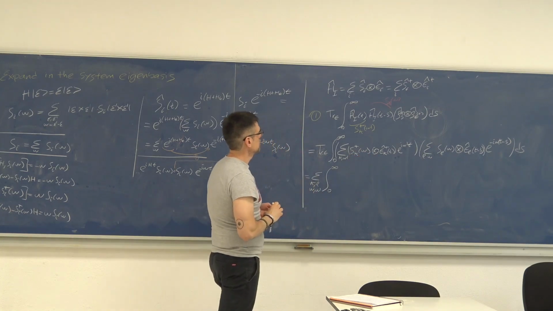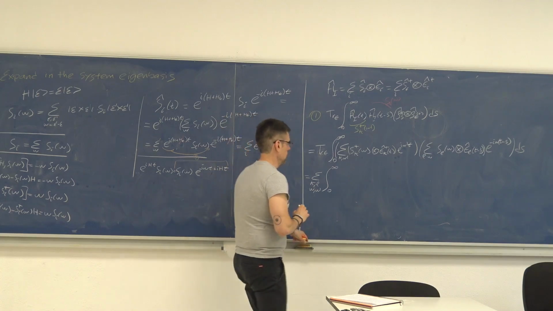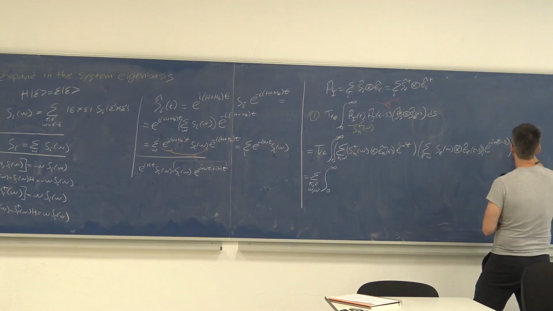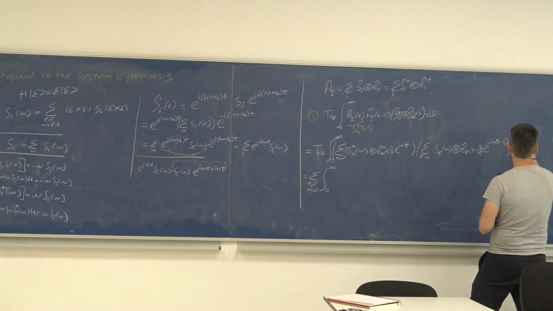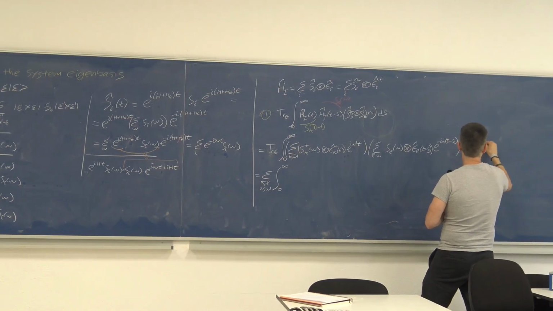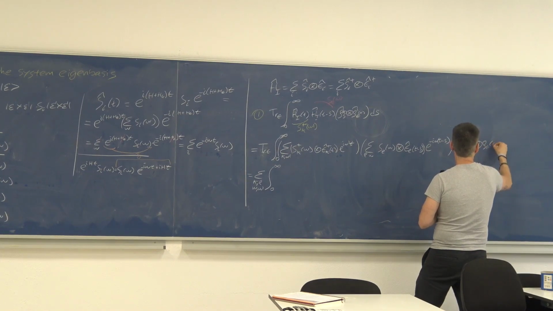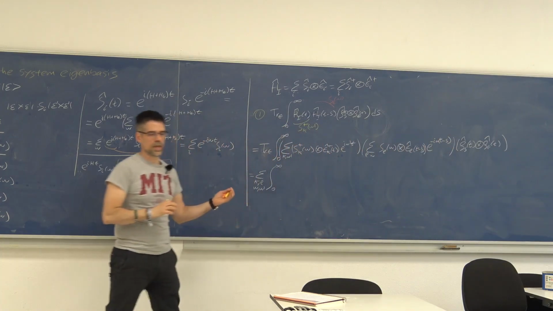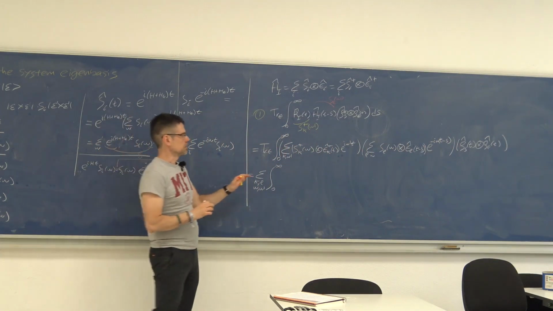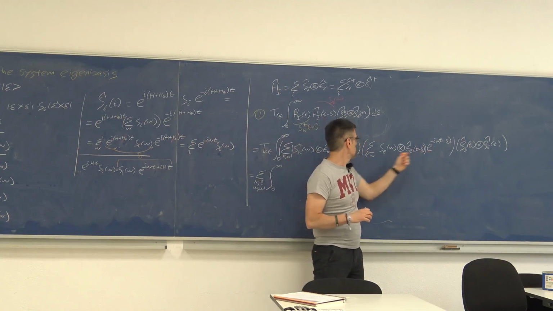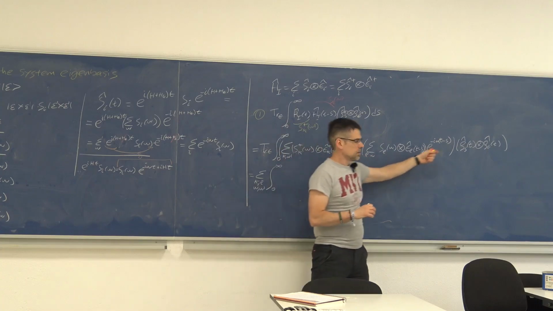Okay, I forgot the density matrices. Sorry, it should be here. Otherwise, this doesn't make sense because these are the operators. So rho system of t times rho environment of t. So now we separate the system and the environment, because by this rule we can apply this to the system and this to the environment.